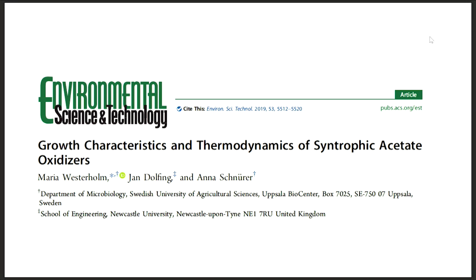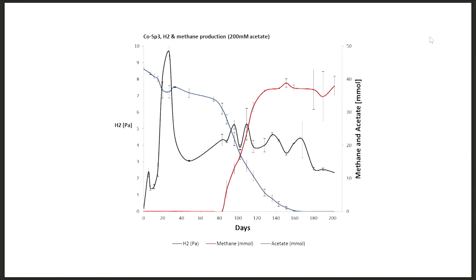So they have, I think, pure cultures and high enrichments as well, but they also have mixed cultures of acetate oxidizers and methanogens. So we grow them, or they grow them, and I just do the calculations. But anyway, they grow them as co-culture.